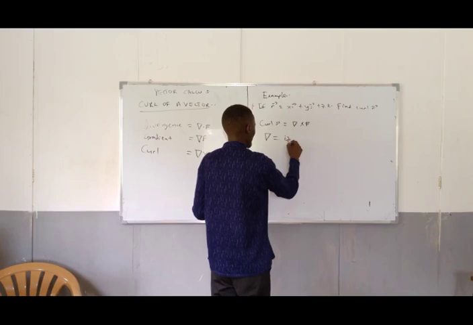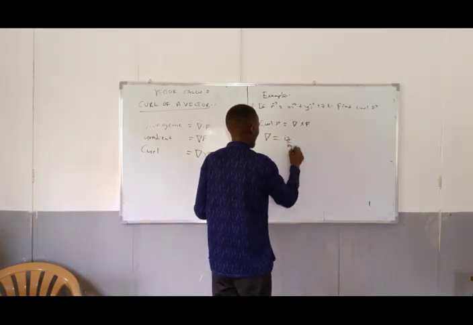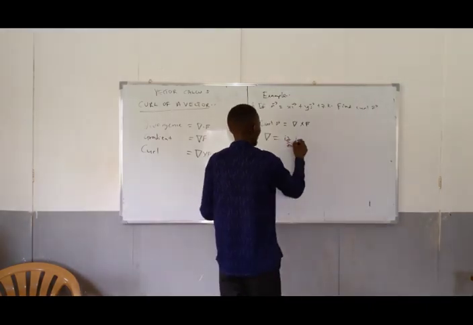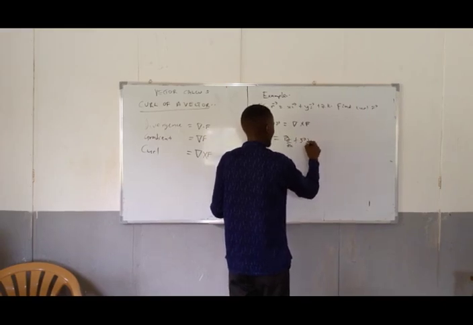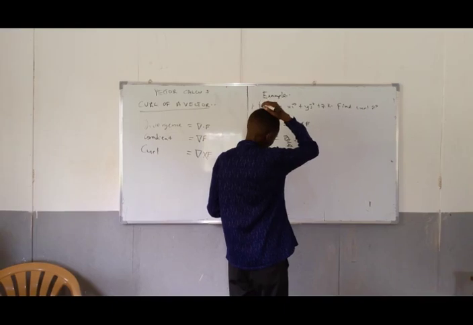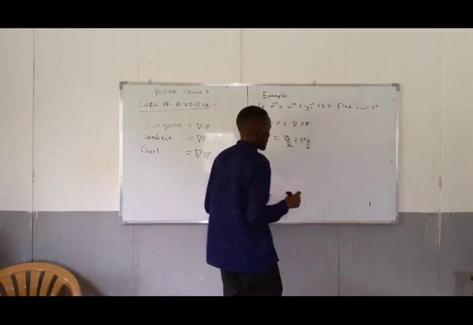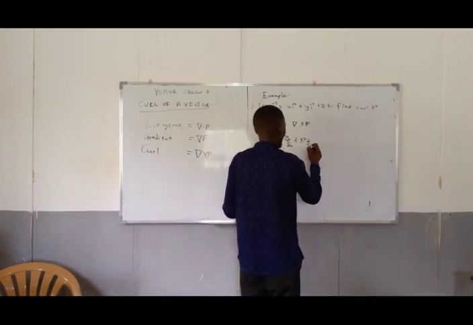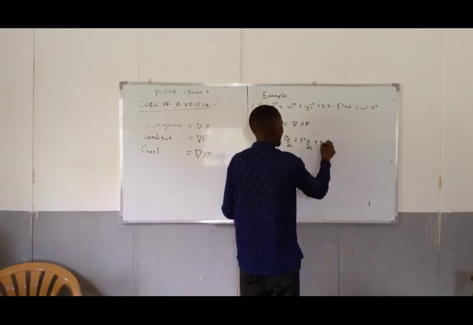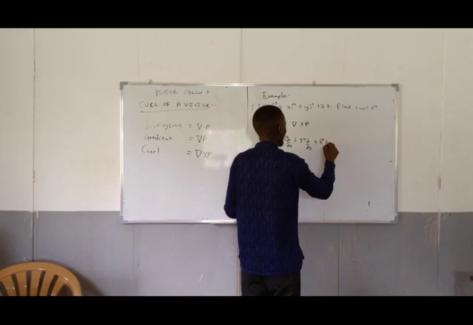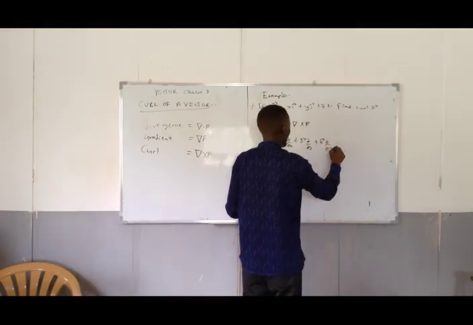i times the partial derivative with respect to x plus j times the partial derivative with respect to y plus k times the partial derivative with respect to z.